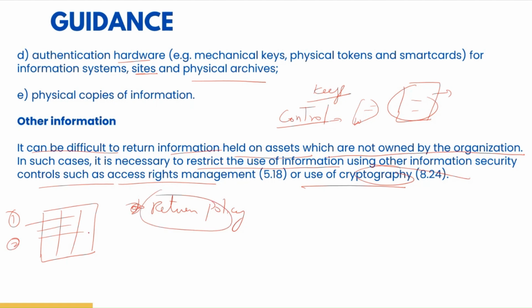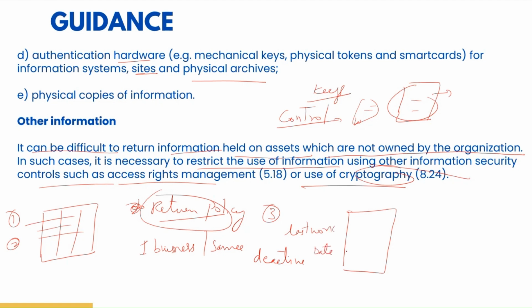Second, use a return policy. Third, make the team prepared for any of the artifacts. They should be matching. Now, if your return policy says that within one business day, or the same day for that matter, his account will be deactivated, then the artifact should show that this was his last working day, and on this date, his account was deactivated.